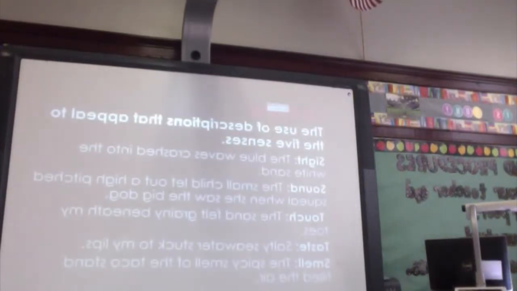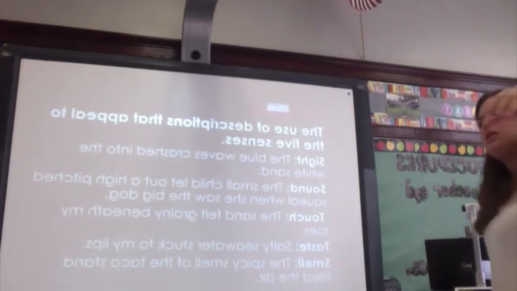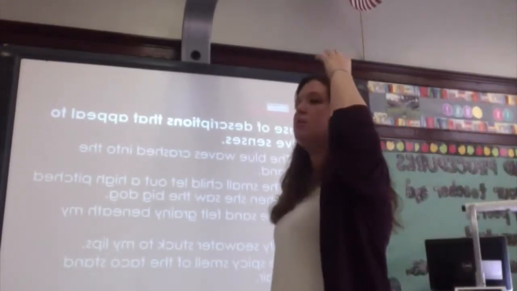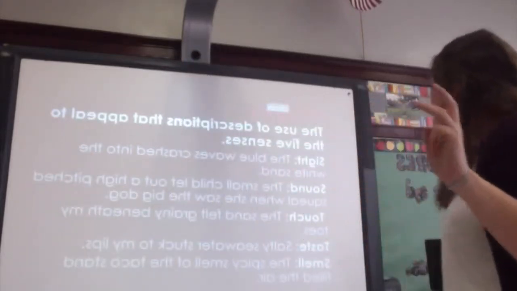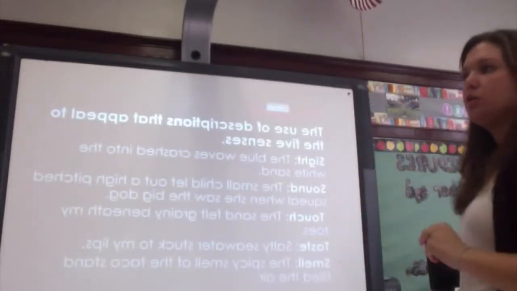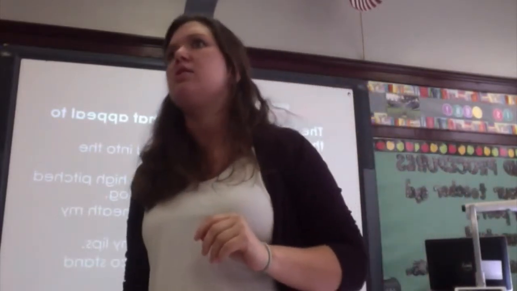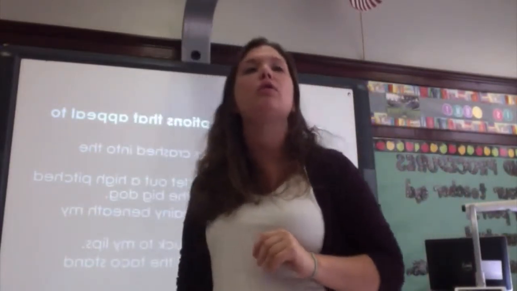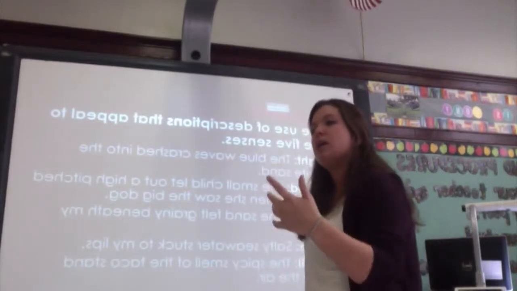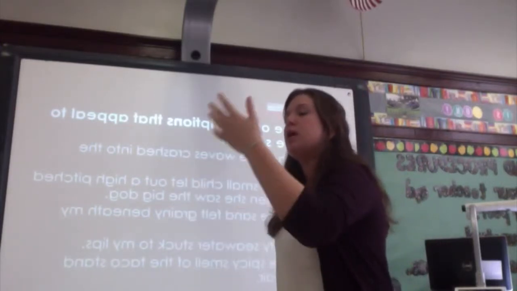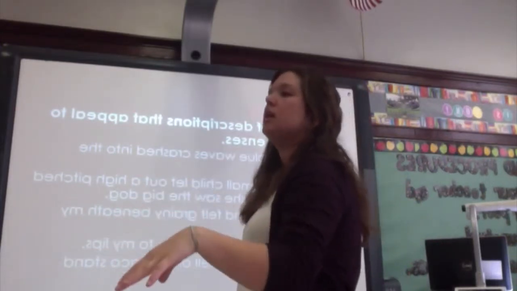All right, then we have imagery, okay? So these are our senses. These are the things that are creating images in our minds, okay? So we have our sight, sound, touch, taste, and smell, and you know what all those are, okay? And you look at me and you say, Miss Wade, how can I smell an article? You can't smell the article. But if you read it and you smell something, you imagine that you are in that scene, okay?